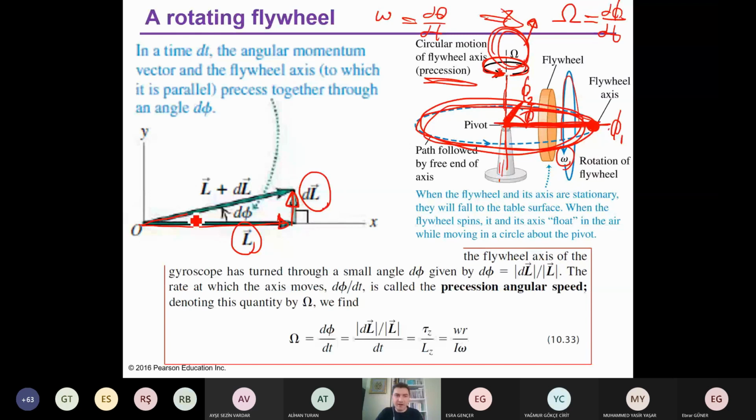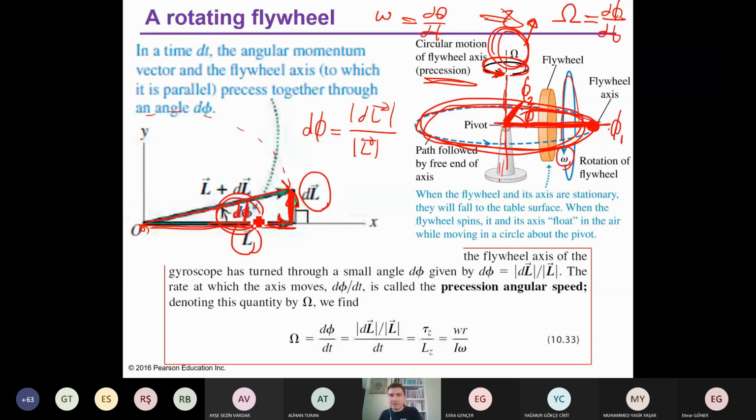Here we have d phi. You see, I can write this d phi with this expression. d phi is equal to dL over L. Okay, this one over this one. This is the d phi.